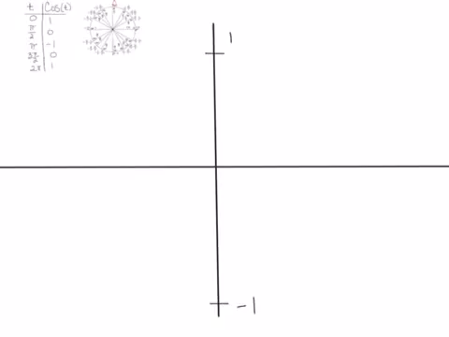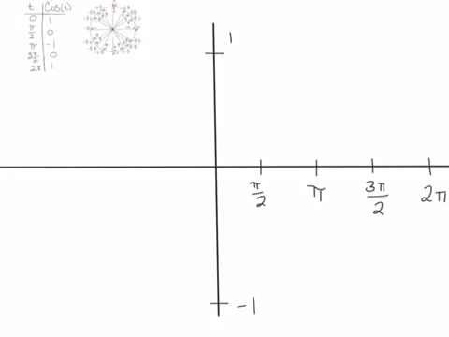And we decided to pick values of 0, pi over 2, pi, 3 pi over 2, and 2 pi. So if I graph on the positive x-axis to 2 pi, then half of 2 pi is pi, right, halfway around the unit circle. Half of that is pi over 2, so I have pi over 2, pi, 3 pi over 2, and 2 pi, just like I have on the unit circle.